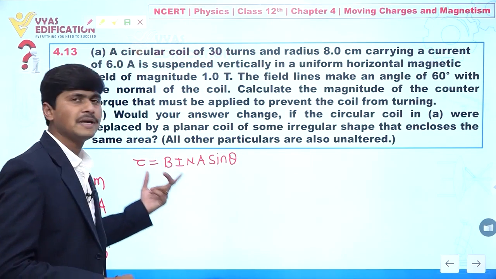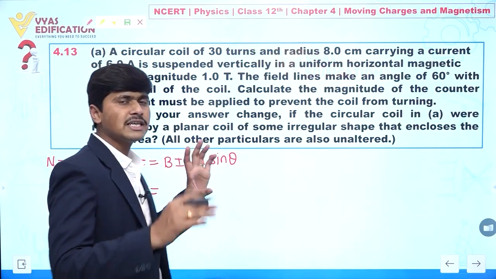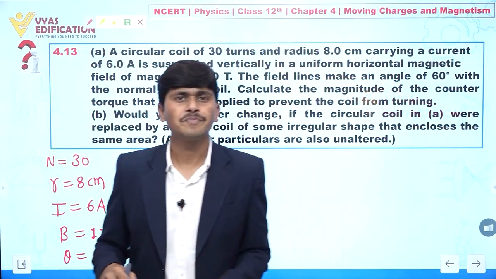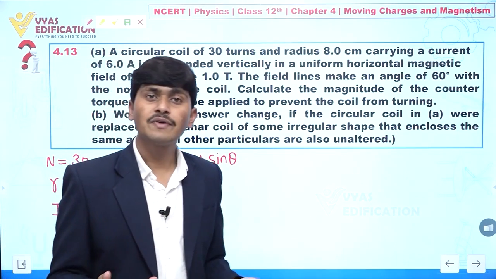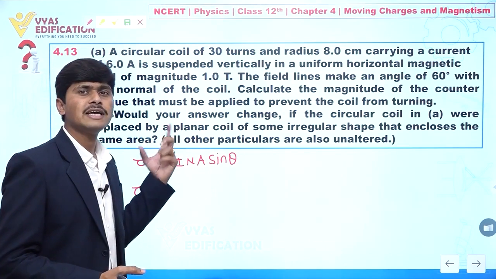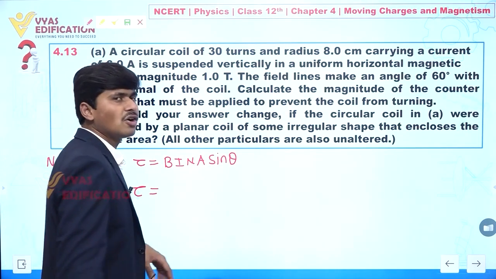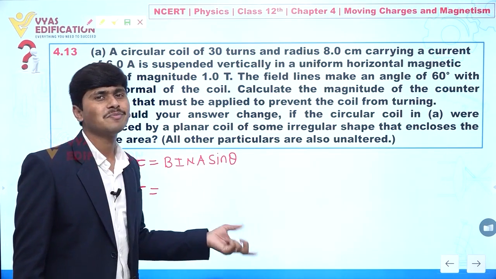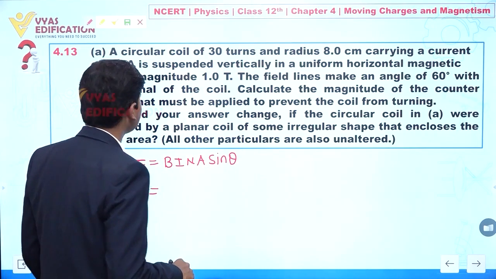This torque acts on the coil and will try to rotate it, but we have to find the counter torque so that we can place the coil in a stable position. So the counter torque is the same in magnitude but opposite in direction, given by NIAB sin theta.